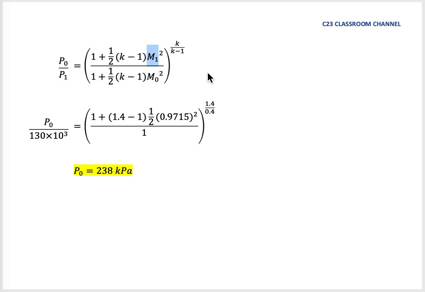We know that the gas is air, so the value of k is equal to 1.4. So we have k over k minus 1, which becomes 1.4 over 0.4. We solve this calculation, and we get a stagnation pressure equal to 238 kilopascal.